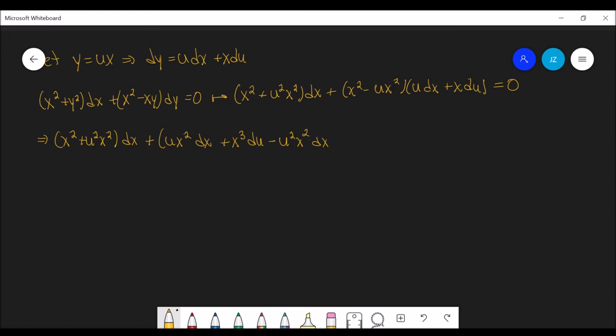That's just x squared, minus u times x cubed du is equal to 0.